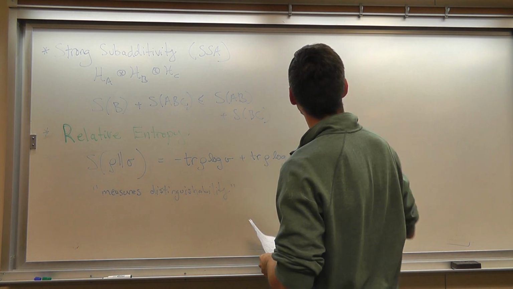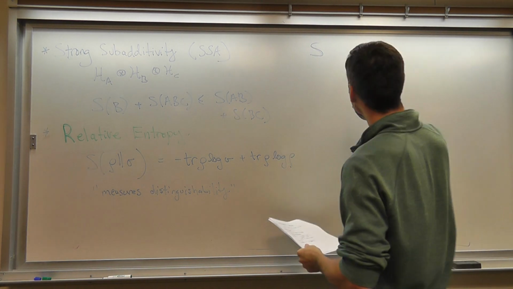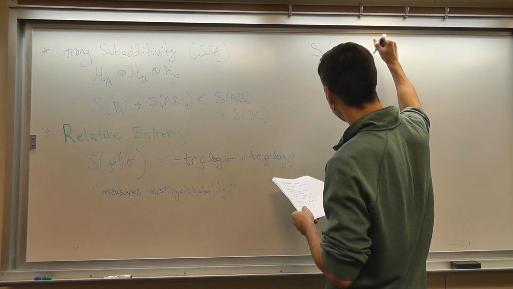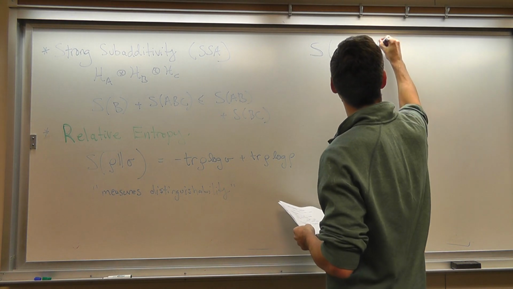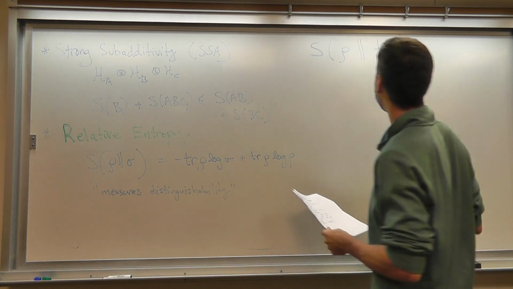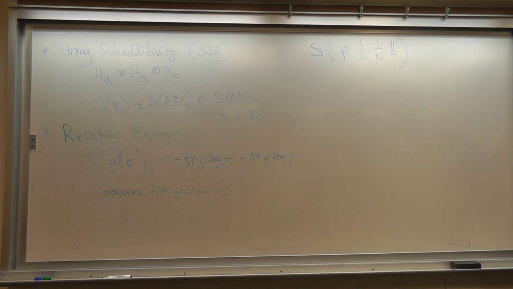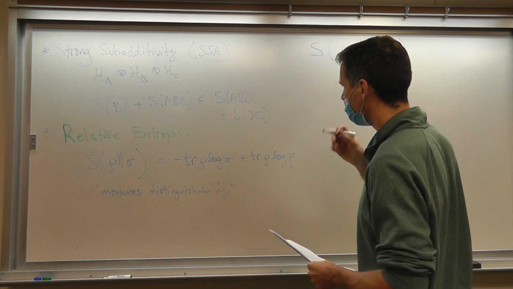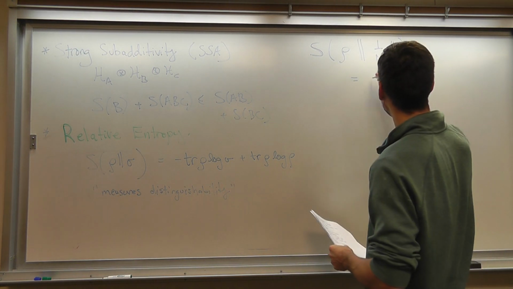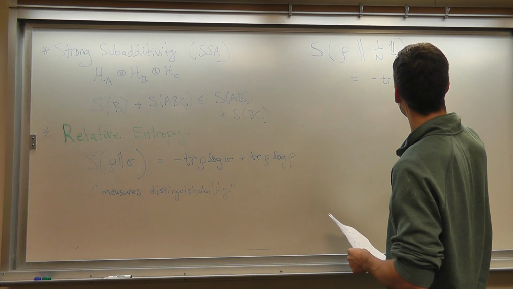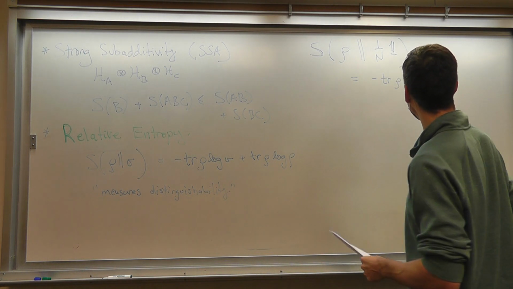As a quick little application, let's look at the relative entropy of rho compared to the maximally mixed state, proportional to the identity. According to the definition, this is minus trace of rho log 1 over n.